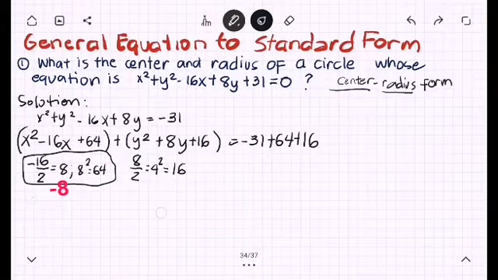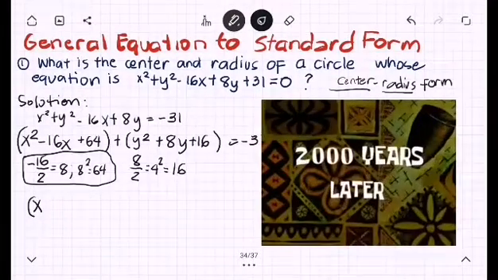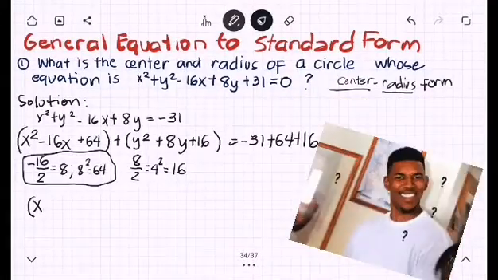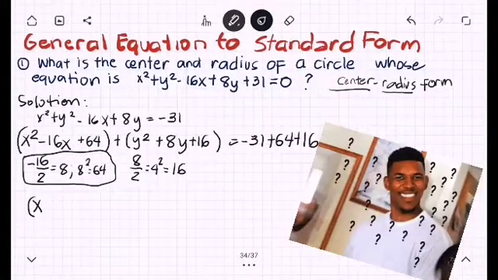So ibig sabihin yung x squared minus 16x plus 64, isusulat natin siya as square of binomial. So paano mo ginagawa yun? Yung x squared, sulat nyo lang ng x. Then yung 64, kunin nyo lang yung square root.